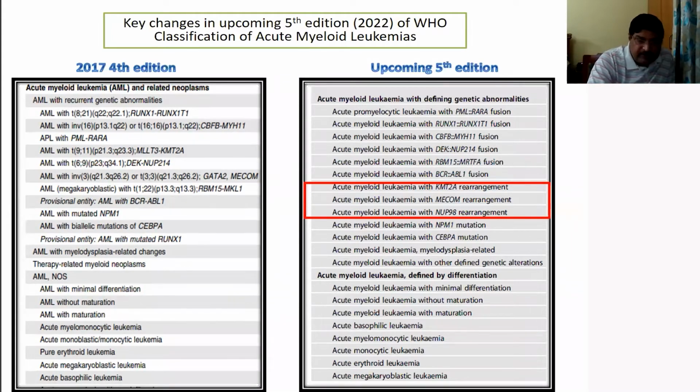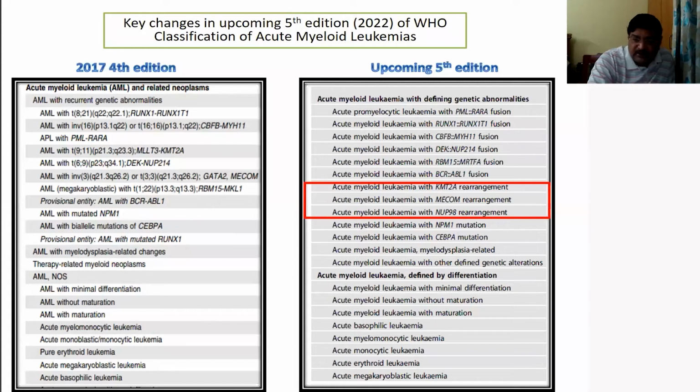Previously, we used to have AML NOS when you don't have these cytogenetic or molecular abnormalities. Almost 40 to 50% of acute myeloid leukemias used to be classified as AML, not otherwise specified. We used to morphologically define them as AML with minimal differentiation, without maturation, with maturation, myelomonocytic, monocytic, monoblastic, pure erythroid leukemia, which has been taken off now, and acute megakaryoblastic leukemia.